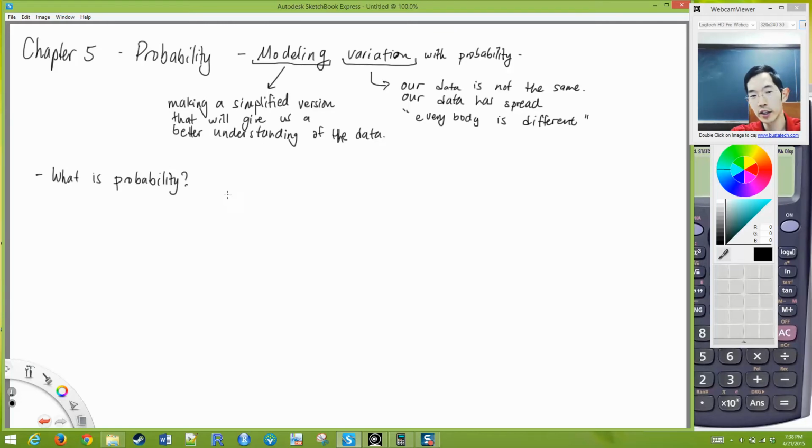All right. And you guys are probably already familiar with some concepts of probability. So for example, I'm going to draw a coin with a dude's head on it. Okay. And we can talk about flipping a coin.